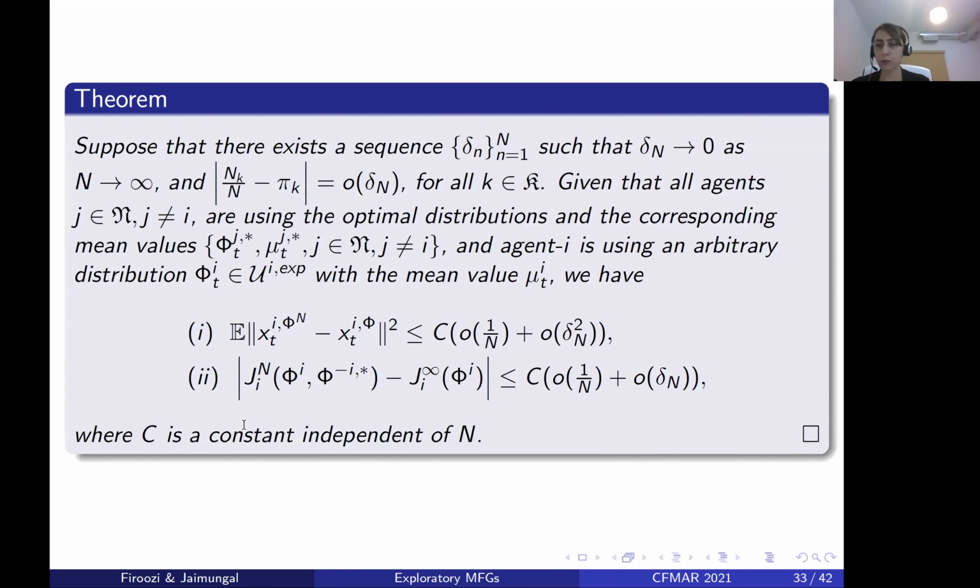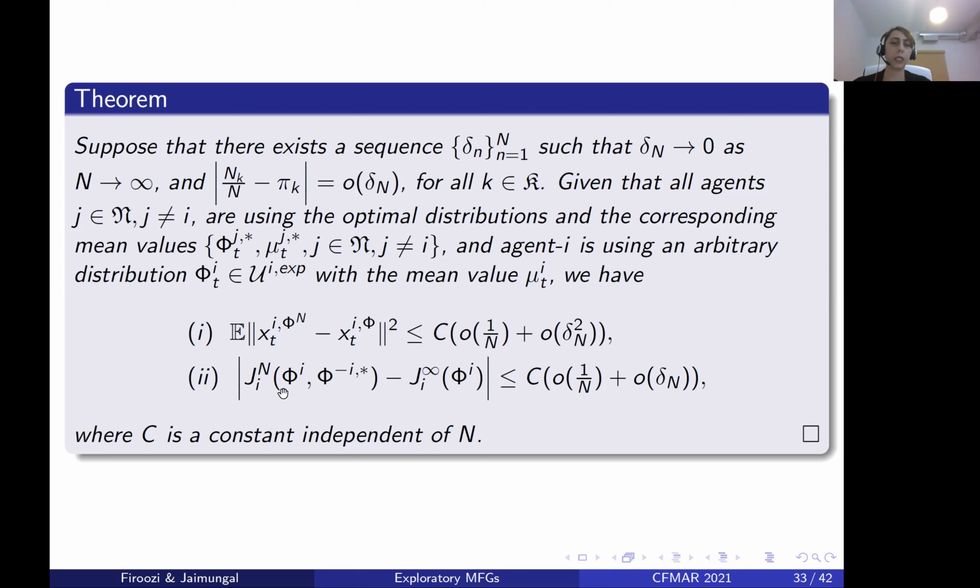Okay, so far I discussed the exploratory LQG MFG system in the infinite population limit. Now I want to make a connection between the infinite and finite population systems for the exploratory system. Assuming that all agents except agent i are following the optimal action distributions that we obtain, and agent i is using an arbitrary action distribution, we can show that the expected value of the squared distance between the finite population state and the infinite population state is of order 1/n.